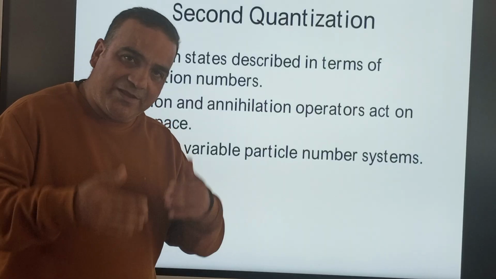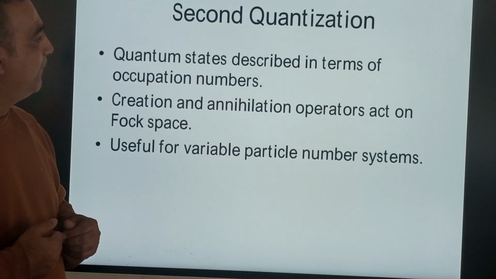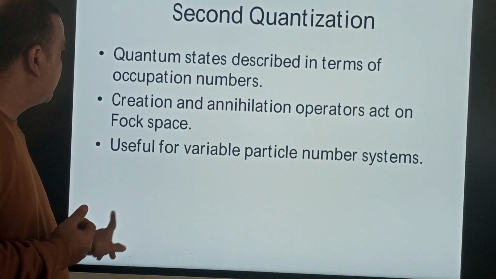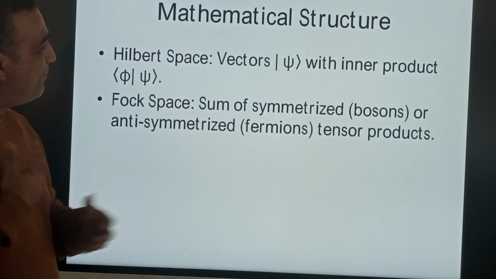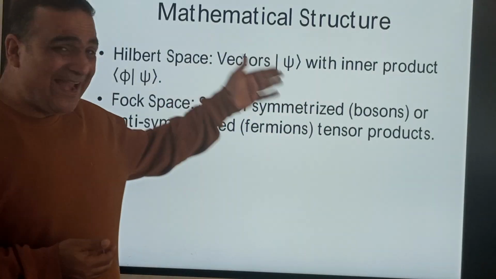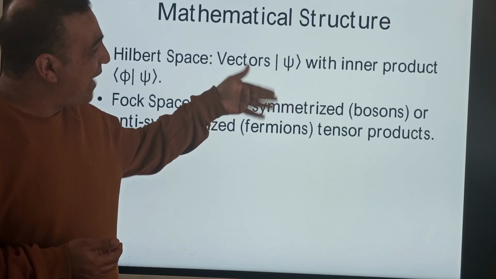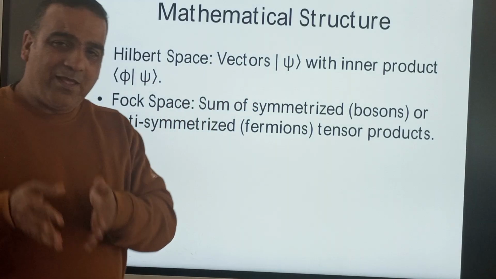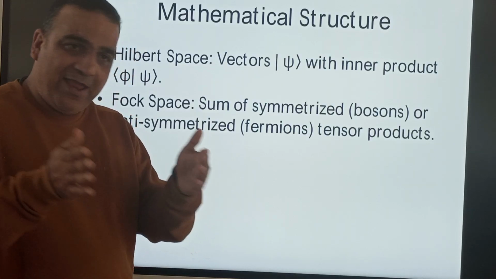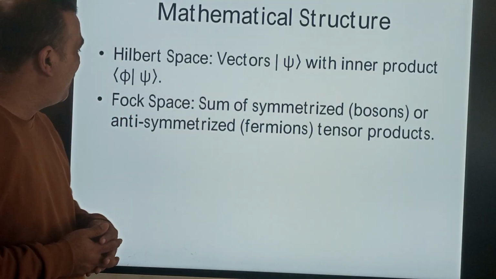So when we have a variable number of particles in a system, we can think of using this Fock space. Now, talking about the mathematical structure for Hilbert space, we have a state vector that can be represented by a ket of psi. If you have the ket of psi and the bra of phi belonging to the same basis, you can have an inner product between these two vectors.